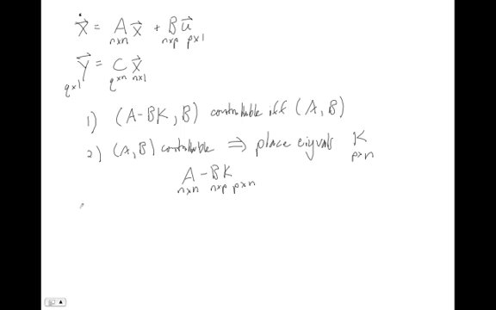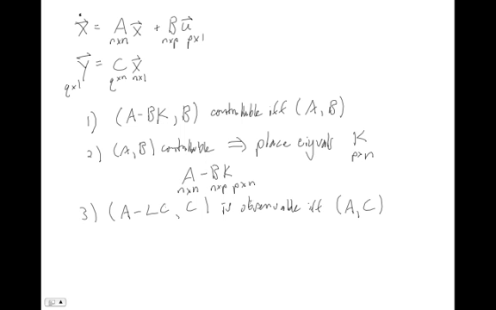We also had the dual result, which said that the pair A minus LC, C, is observable if and only if the pair A, C is observable. So we basically said if our original system is observable, then after we do this closed loop observer, that system is also going to be observable.